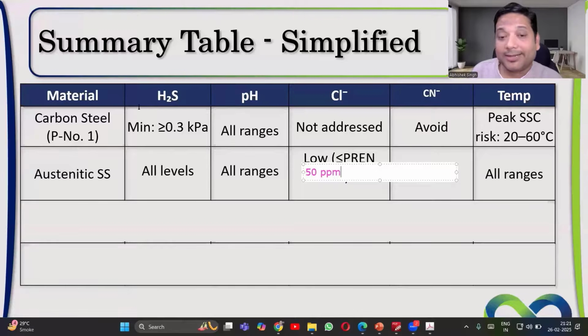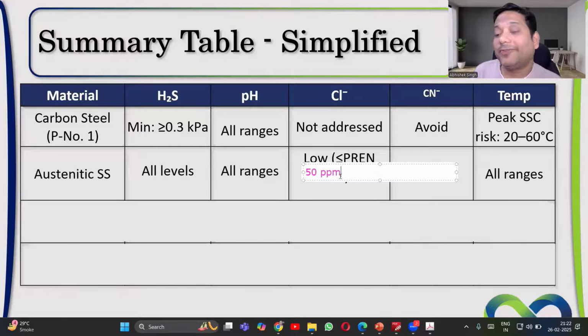One more thing I'd like to highlight: this summary table I'm making for both 175 and 103, considering that if you are on 103, cyanide will be more, and if you are using 175, your chloride will be more. So it will cover the uses of both of these standards.